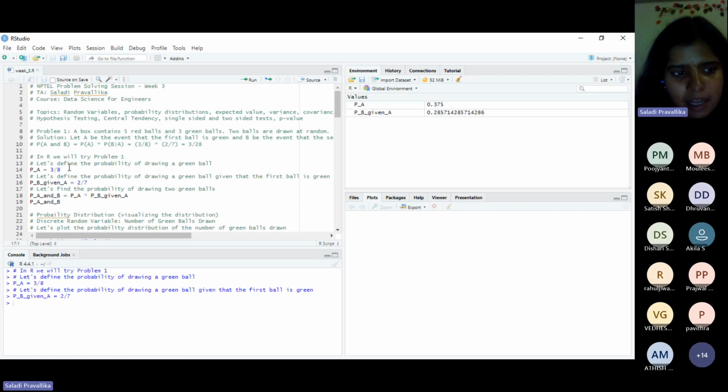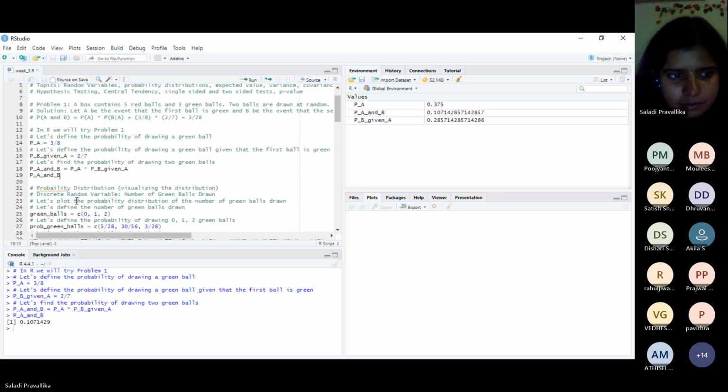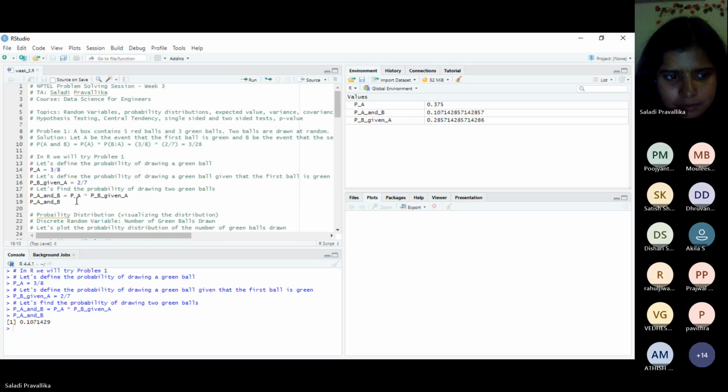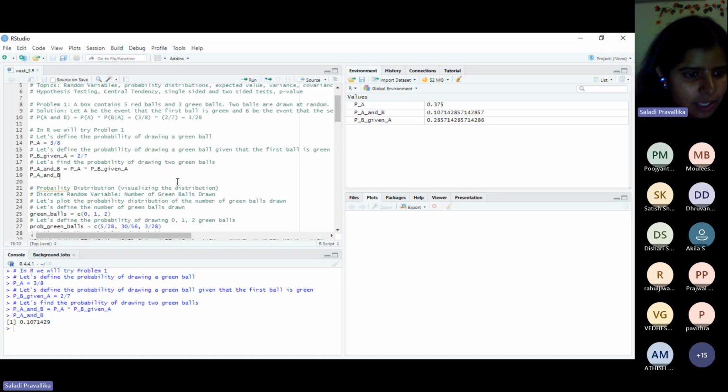You can just put the values here and multiply them and you will get it. Yeah, 3 by 8. Any questions on that?